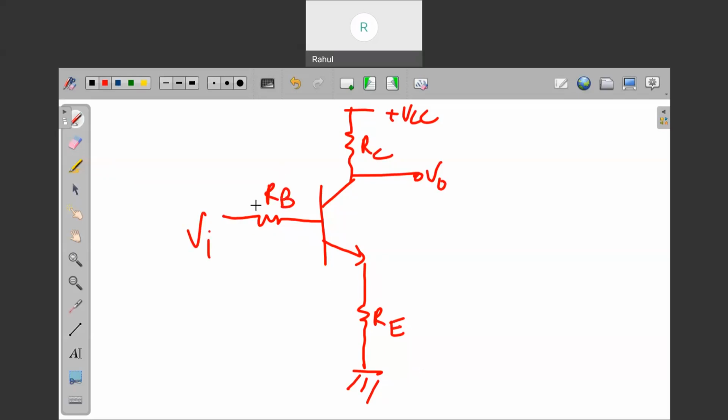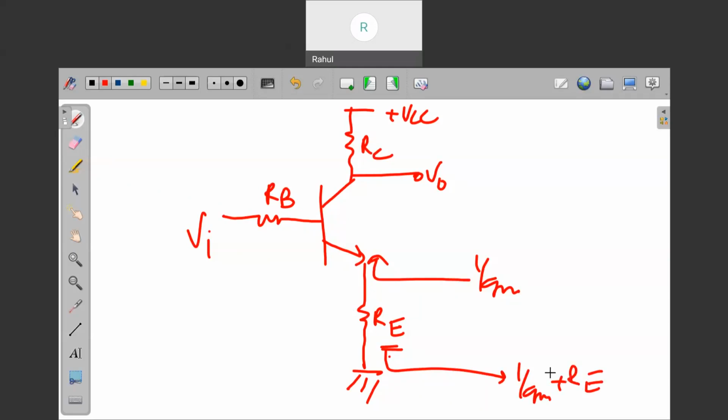This RB will come this side as RB by beta plus one. So mind all this. So here 1 by GM plus RE, and this RB will come also this side, so in series it will be.